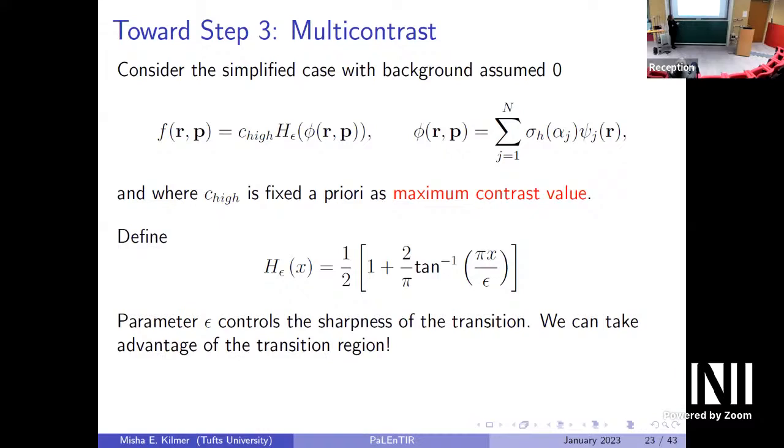And here is the way I'm describing my surface. The parameter epsilon here actually controls the sharpness of the transition. It turns out we can take advantage of the transition to get multiple contrasts, and that's what I want to trace through.